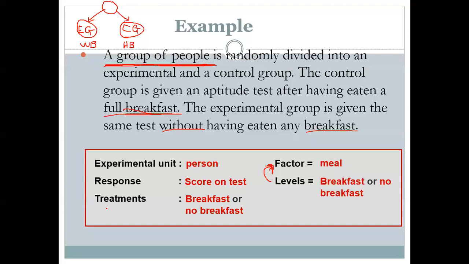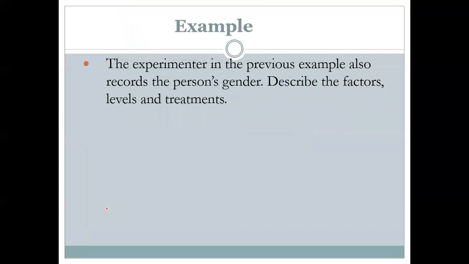All right. What if the same question, but now the experiment in the previous example also records the person's gender? In the previous example, it records the test for the group of people having breakfast and without having breakfast.